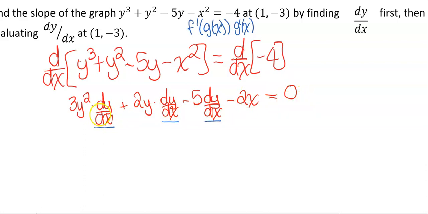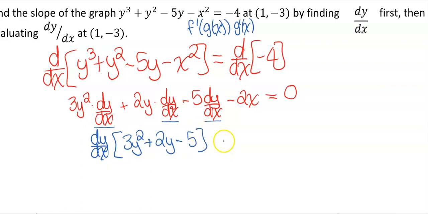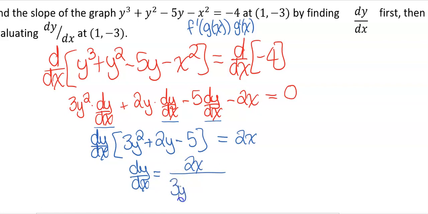Algebra at this point is now I'm going to factor out a dy/dx. So dy/dx times (3y squared plus 2y minus 5) equals 2x. And then dy/dx, which is what we're going to use to find the slope, becomes 2x over 3y squared plus 2y minus 5.